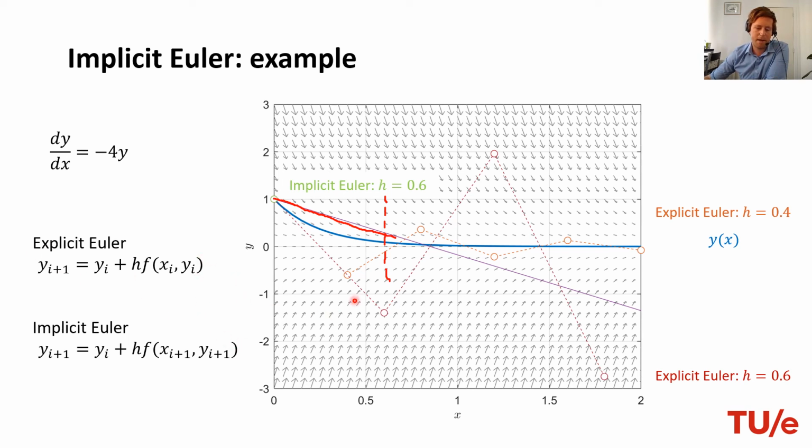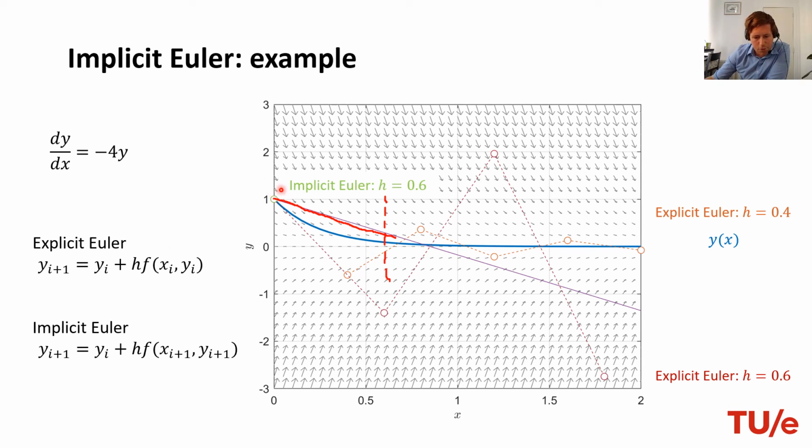For explicit methods, it was easy to draw this line. Well, we can simply evaluate the direction field at known values. Whereas for implicit Euler, we evaluated the direction field at values which are not really known at this point. So you have to do some guessing in a graphical environment, or you have to solve a nonlinear equation when you're doing this programmatically, as is obviously the case in practice.